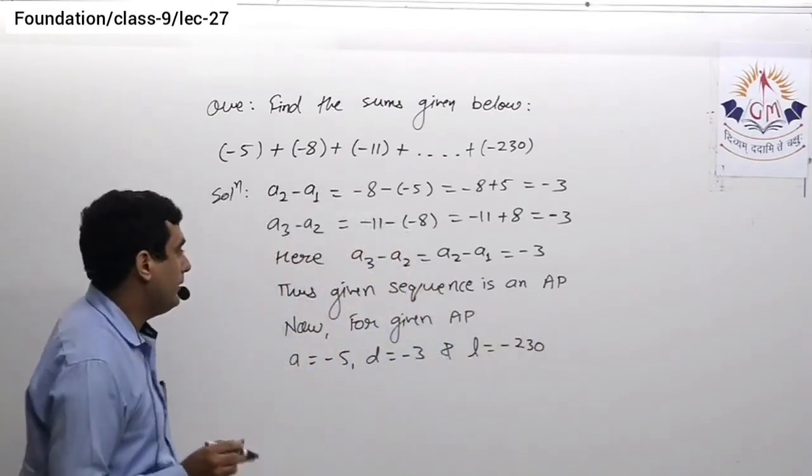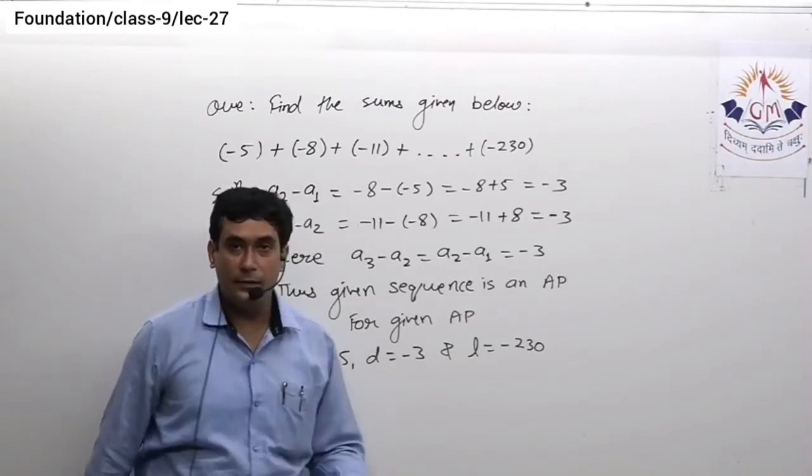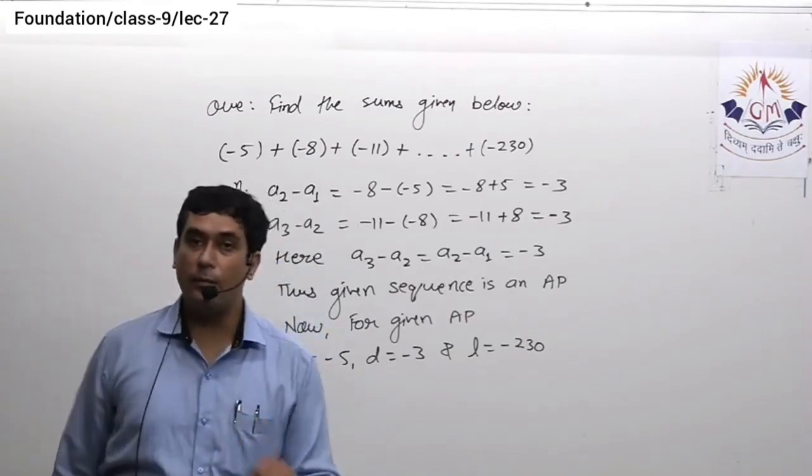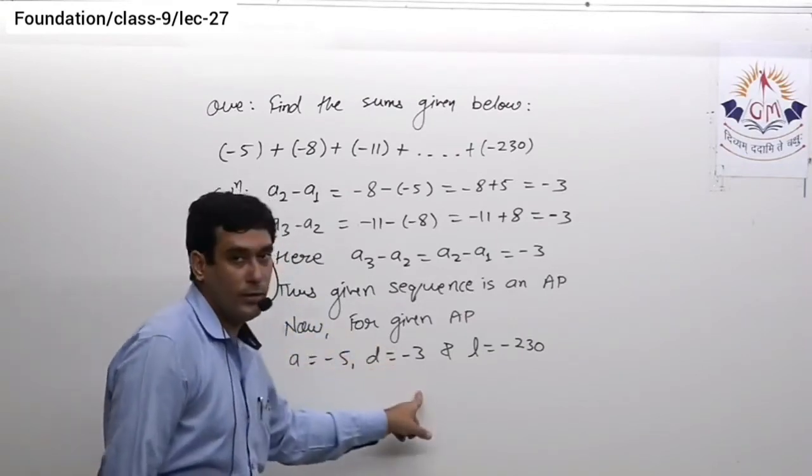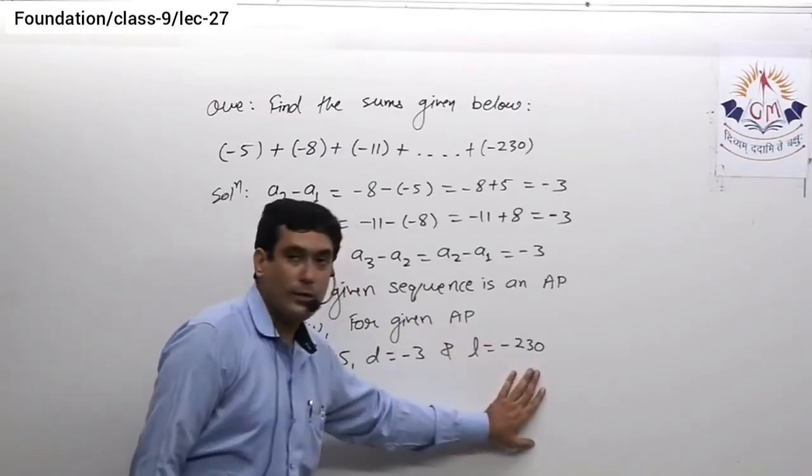Now we will find the sum. To obtain the sum we definitely need the number of terms, which is not given over here, but the last term is given as minus 230.